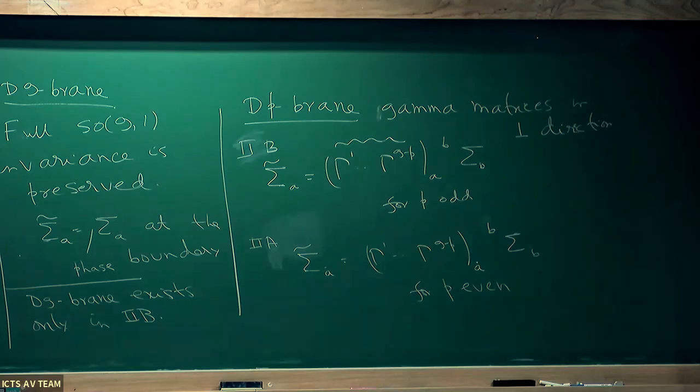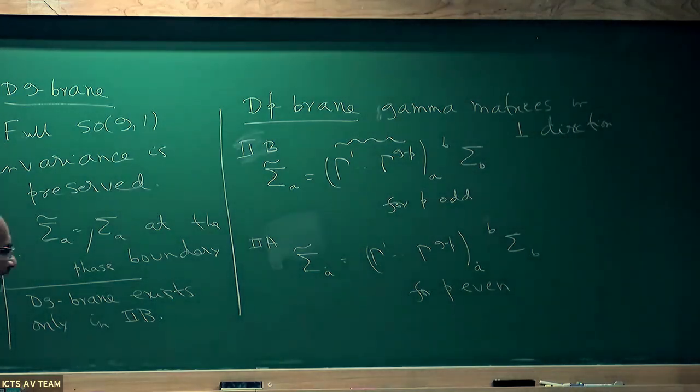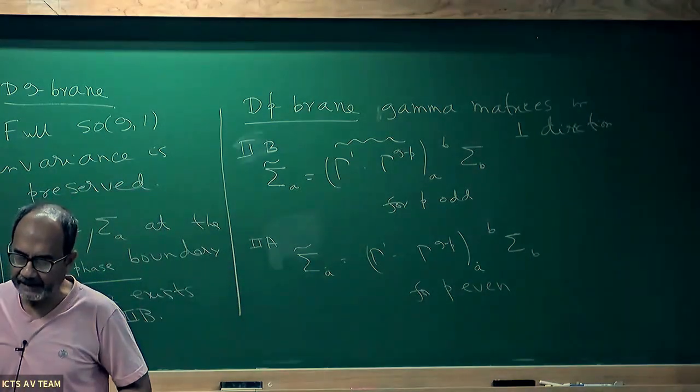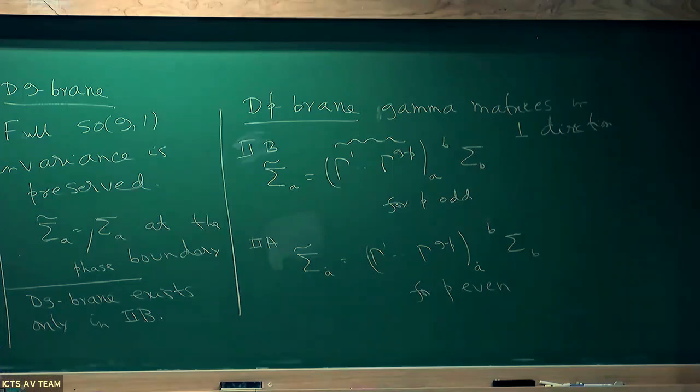Is this P also related to the fact that in 2B we have a 0-form, 2-form? Yeah, we'll come to that. Exactly. You can see that these are also charged. These D-branes are such that they can couple to the appropriate Ramond-Ramond fields. I think both statements come from this representation theory.